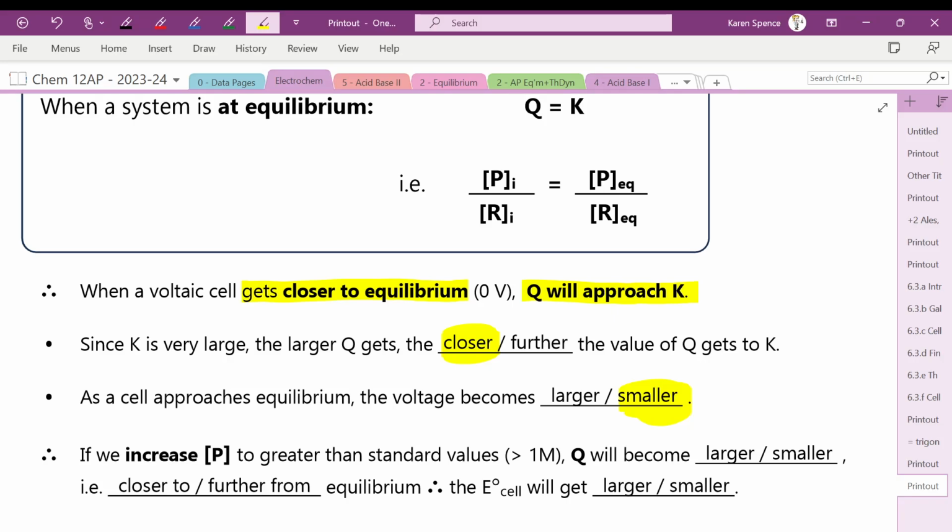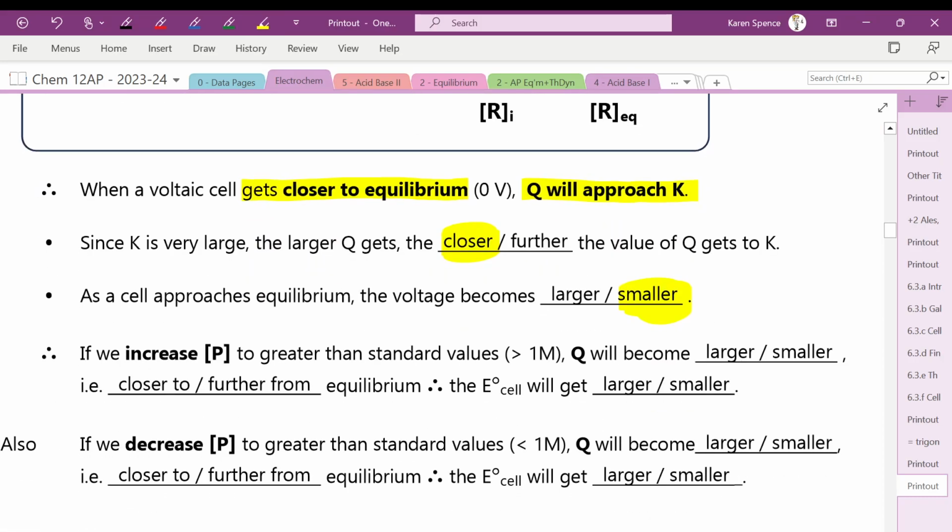If we increase the amount of product initially to greater than standard values, now we have a bigger product compared to reactant. Q, compared with standard conditions, is it going to be bigger or smaller? If we increase concentration of products by putting in some extra zinc 2+, because zinc 2+ is a product.